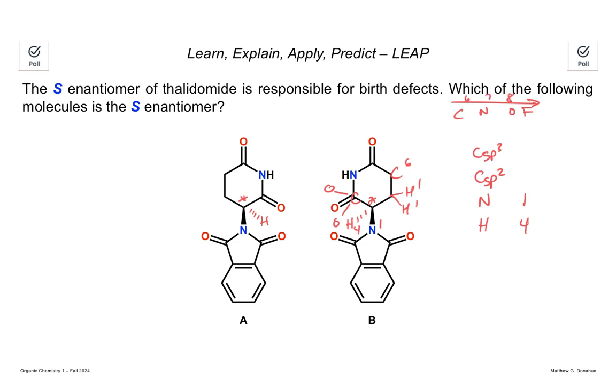So we have 7, 8, 8. When we compare these numbers, 6, 1, and 1 versus 7, 8, and 8, the carbon bearing the 8 is going to take priority. So that gets 2.